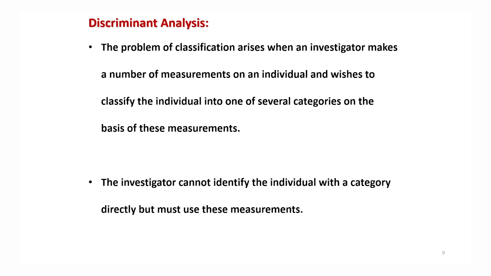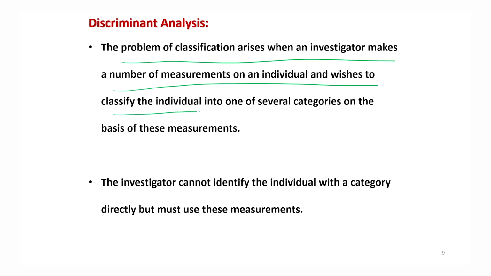The problem of classification arises when an investigator makes a number of measurements on an individual and wishes to classify the individual into one of several categories on the basis of these measurements. So everything is based on the measurements which the investigator makes. First, the populations are known, and then an unknown person is classified into one of those populations.